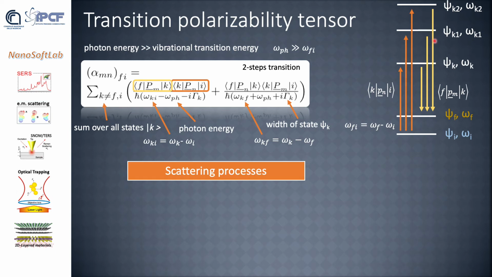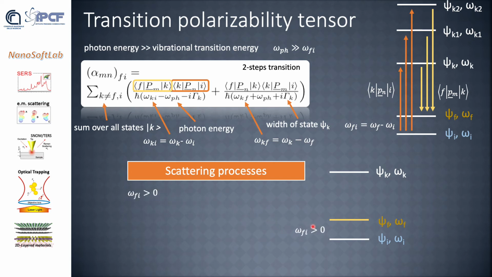The transition polarizability tensor describes all the scattering processes that we have seen in the classical approach. That is, the Stokes, the anti-Stokes, and the Rayleigh scattering. Let's see how this happens. Again, we have a molecule with an initial state, a final state, and some intermediate state.